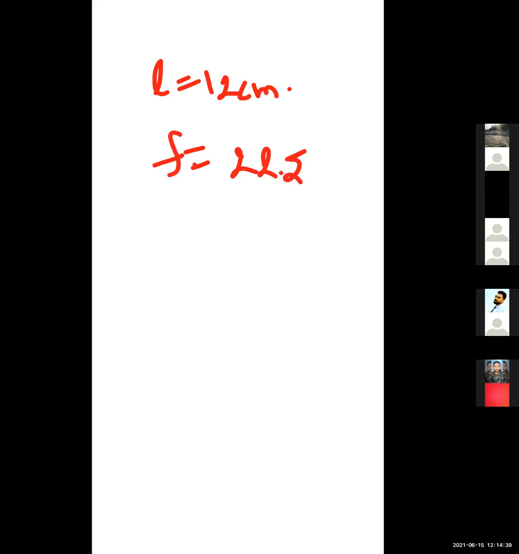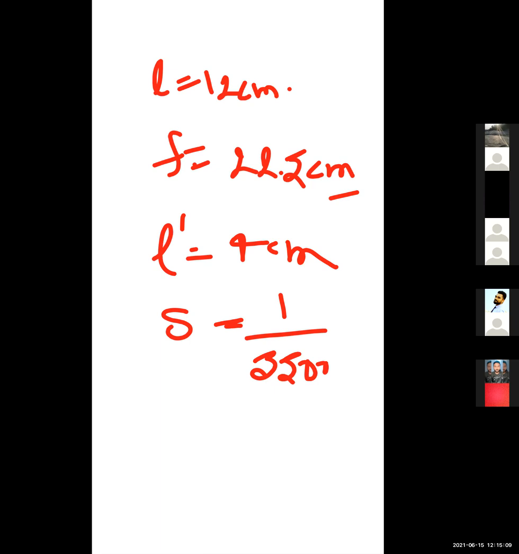The same line measures 4 centimeter on a map, and the scale of the map is 1:35,000. If the average altitude H average is 300 meter, then what is the flying height of the aircraft? This information is given, and we have to calculate the value of H, the flying height.